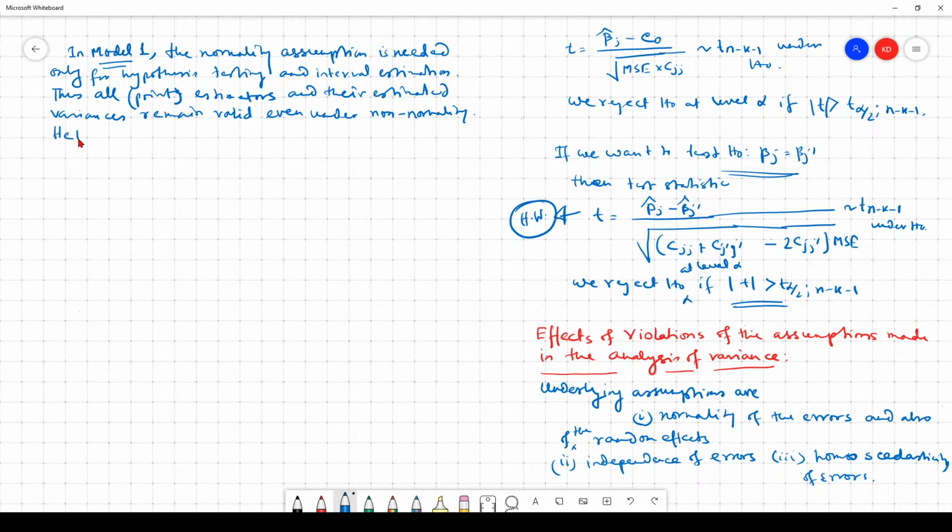Heteroscedasticity and correlation of errors do not bias the estimator.